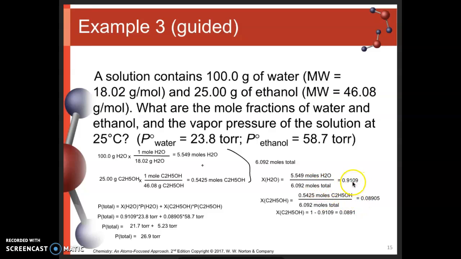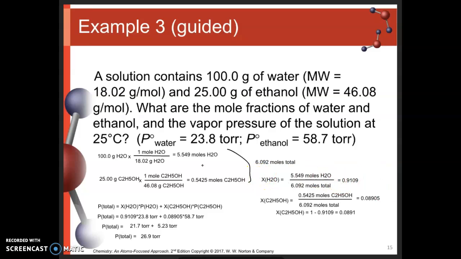Since 91% of the moles were water, we see that the solution vapor pressure is heavily shaded toward the water compared to the ethanol. If this was reversed, then we would see that it'd be a lot more shaded toward the ethanol. So that's how you handle these kinds of problems.